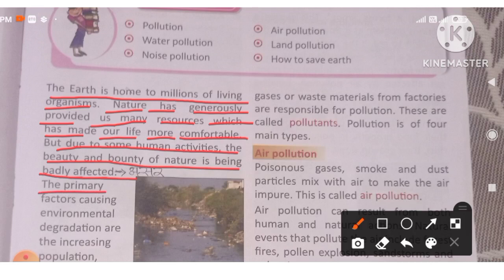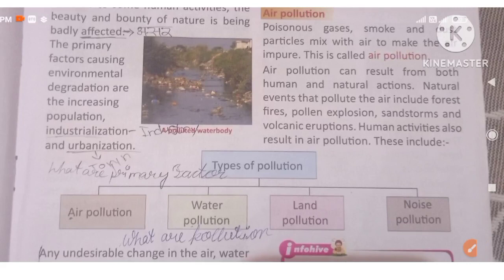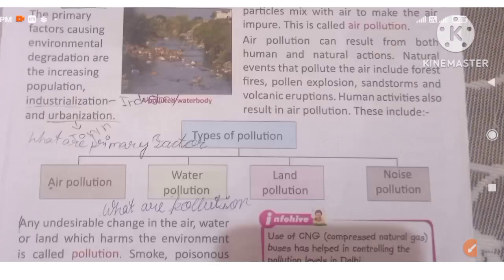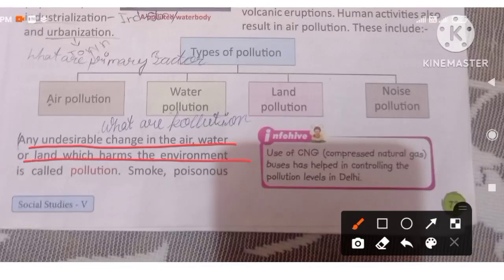The primary factors causing environmental degradation are the increasing population, industrialization, and urbanization. Any undesirable change in the air, water, or land which harms the environment is called pollution.